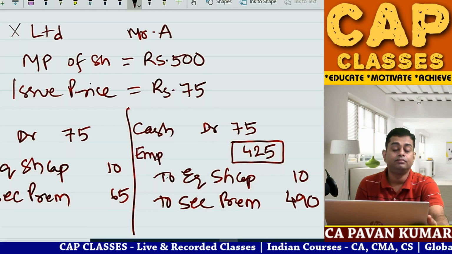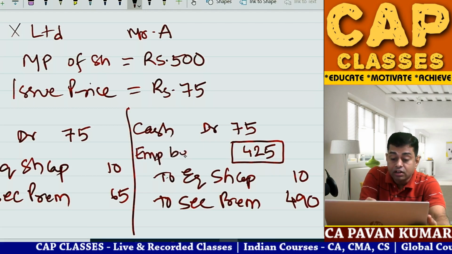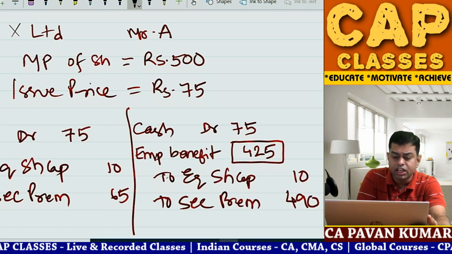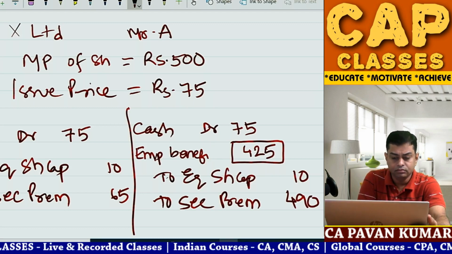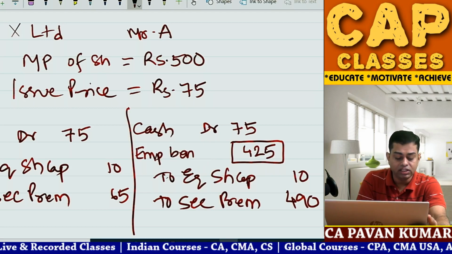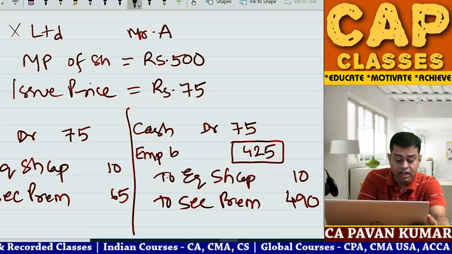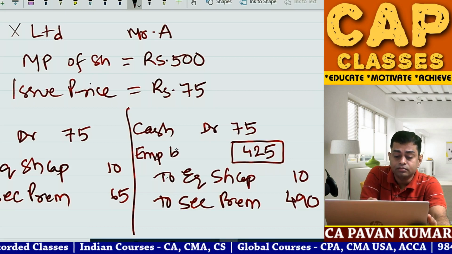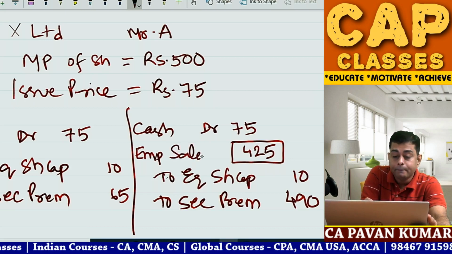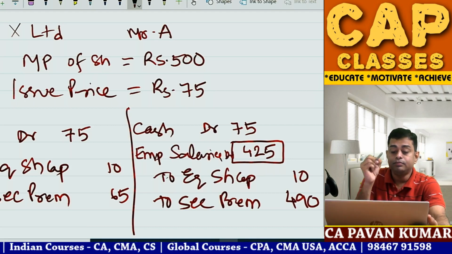Employee benefit cost to me, or in simple terms, in your language, salaries. Why employee benefit cost, which is very heavy word? So in India we call it salaries, no? So shall I write salaries, employee salary account? Debit.